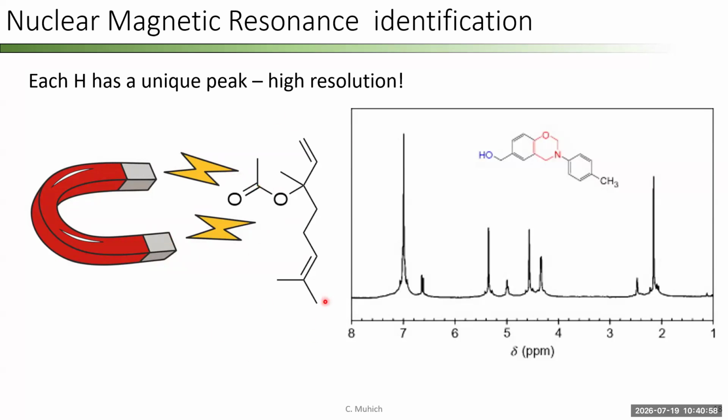I'm not going to go into detail. The key, though, is I get this spectrogram here. It's measured in ppm shifts, and each of these peaks corresponds to a unique hydrogen atom on this molecule. And so we can use this. This is very helpful in fingerprinting. It's very, very precise.